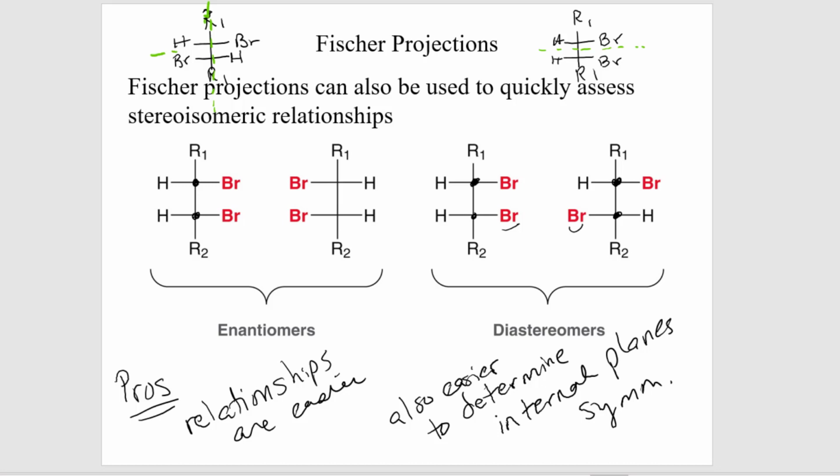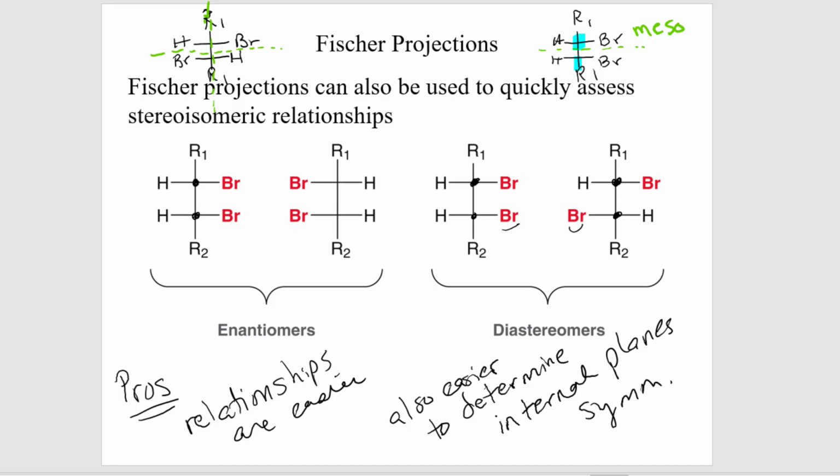What about if I tried to slice it right here and put an internal plane? Nope, the bromines don't see each other. So this molecule is not a meso compound, while this one is a meso compound. It has 2 carbons that are stereocenters, but it has an internal plane of symmetry.